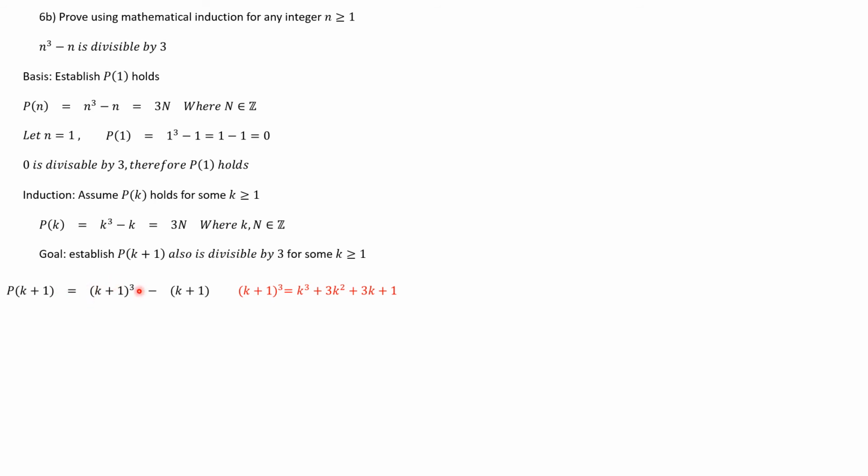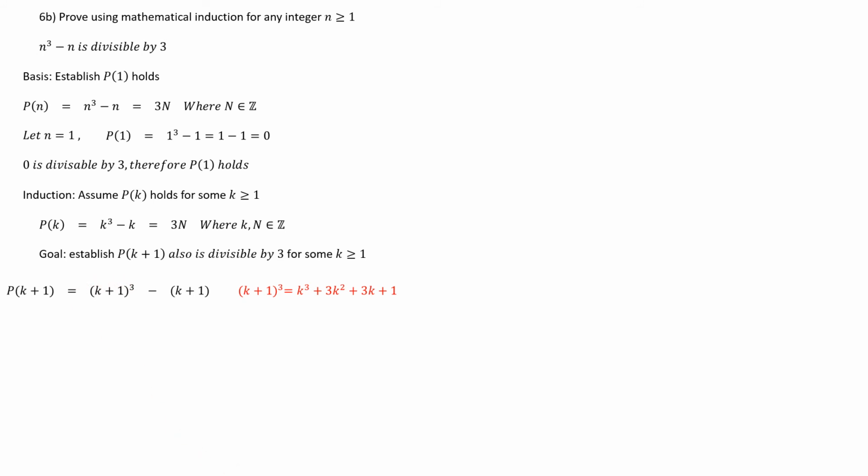So let's multiply this out. k plus 1 cubed is going to be k cubed plus 3k squared plus 3k plus 1.